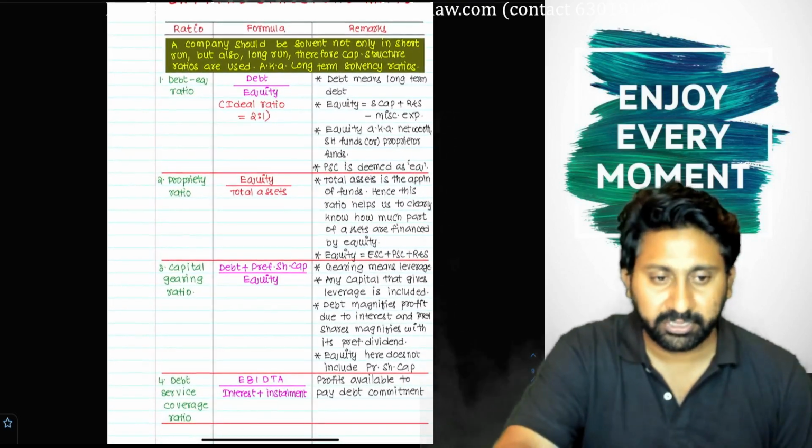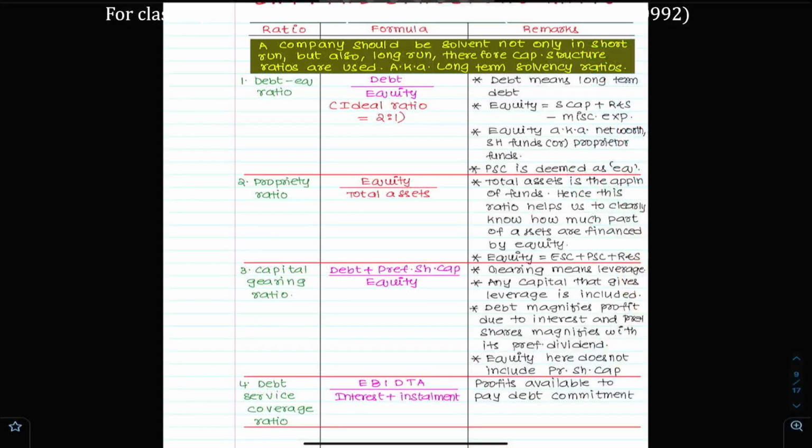So you have to observe these ratios. Two minutes time, I am putting the screen before you. Read the ratios properly.